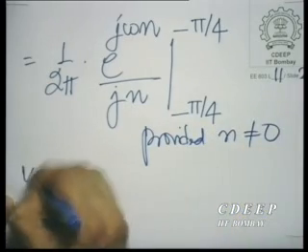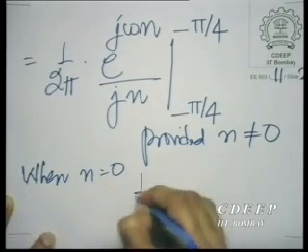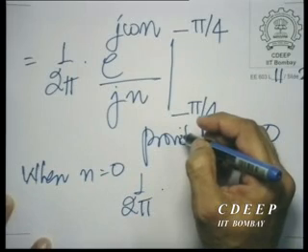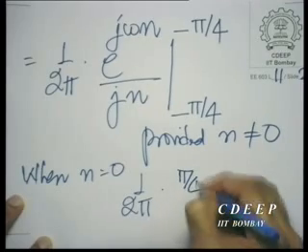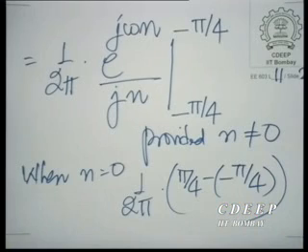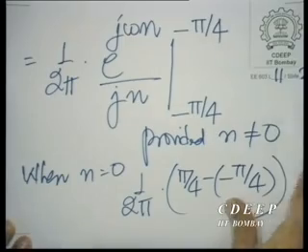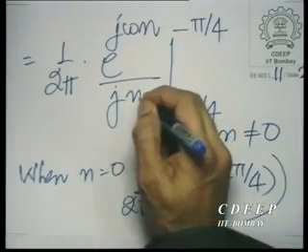Now when n is 0, what does it become? When n is equal to 0, this becomes 1 by 2 pi and the integral is simply 1 d omega. So essentially pi by 4 minus minus pi by 4, which is pi by 2. Is that correct? So therefore, this is valid only when n is not 0.